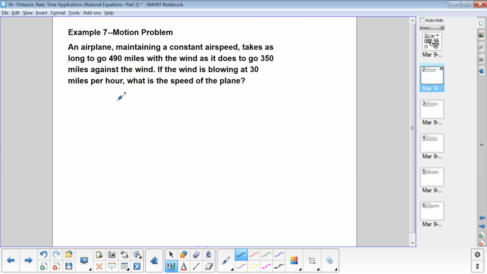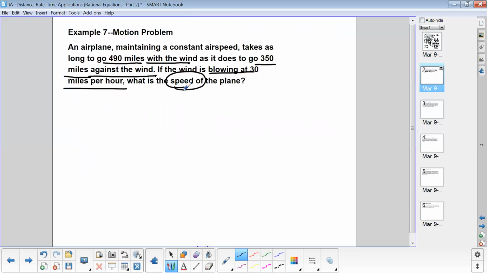Next problem, we've got an airplane maintaining a constant airspeed that takes as long to go 490 miles with the wind as it does to go 350 miles against the wind. The wind is blowing at 30 miles an hour.